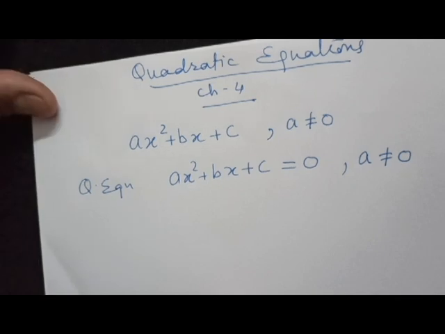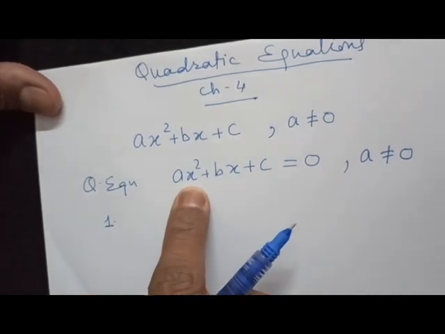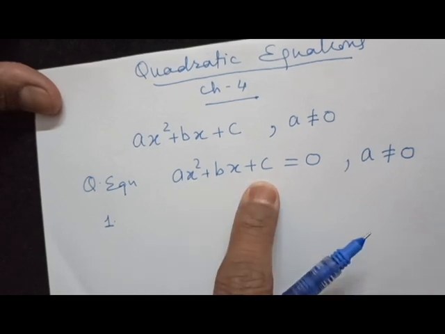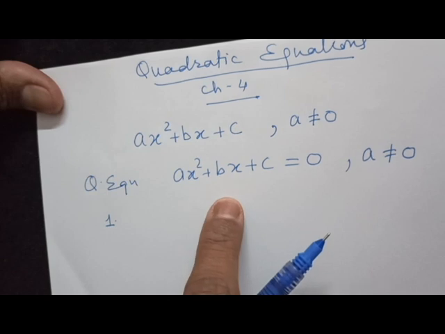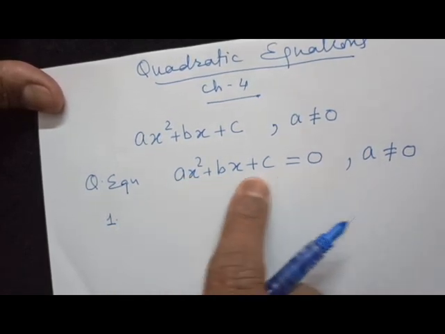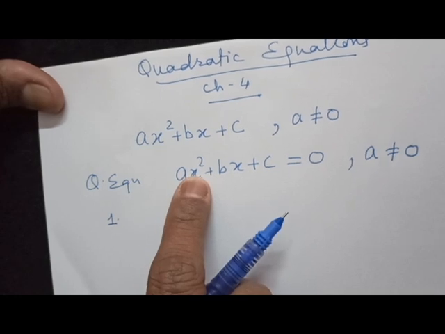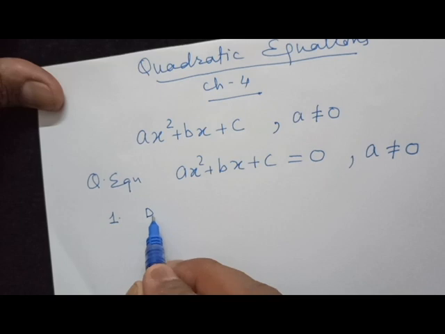Two important things you have to remember. The first thing is none of the powers should be negative, none of the powers should be in fraction, and the highest power, that is the degree of this equation, should be 2. So two things you need to check. Number 1, degree.